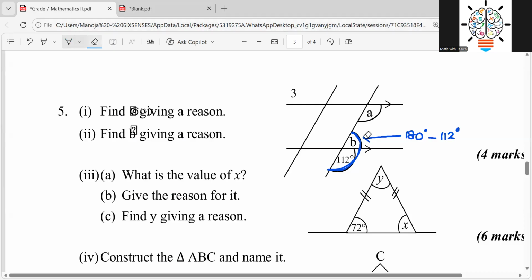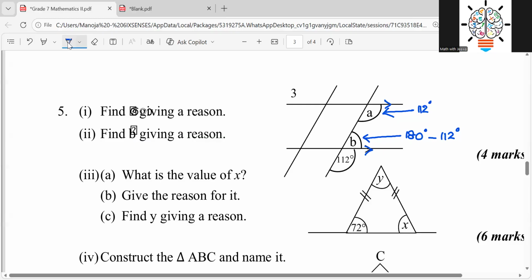And if you see the A angle, you can see the F letter corresponding angle. So this angle is equal to this one. Therefore, straight away you can write A is equal to 112. The reason is corresponding angles, because they have shown us the parallel line here, right? That's the parallel line.